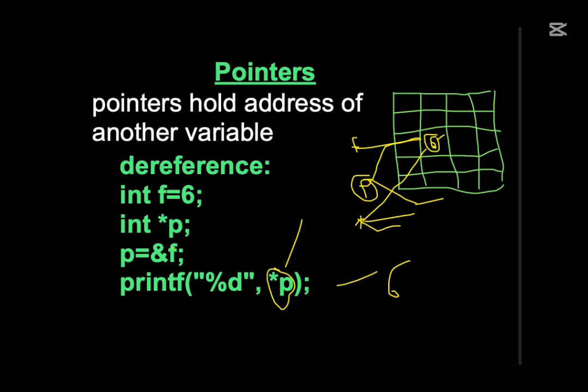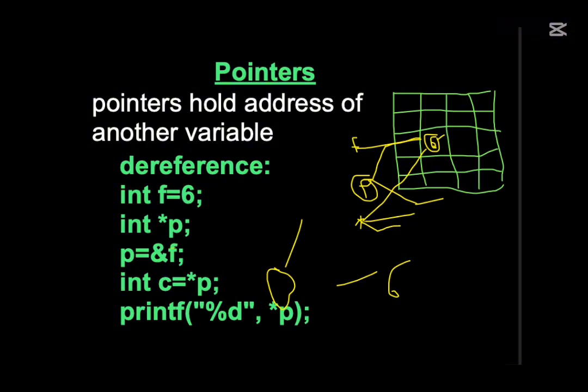So if we write something like this, we're trying to dereference. Here I'm trying to dereference this pointer, and what happens is the value stored in the address of this pointer is going to be assigned to this variable c.